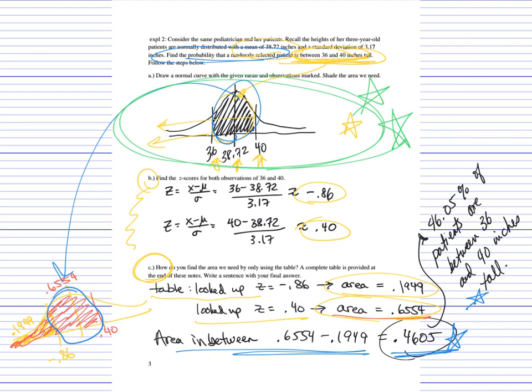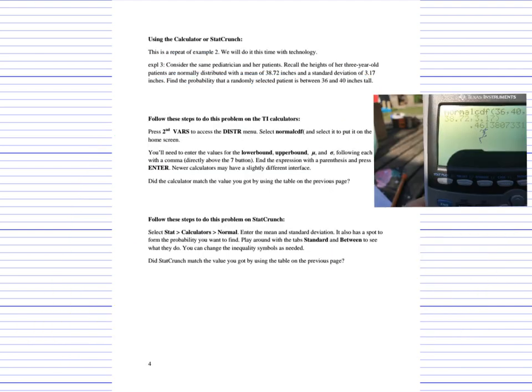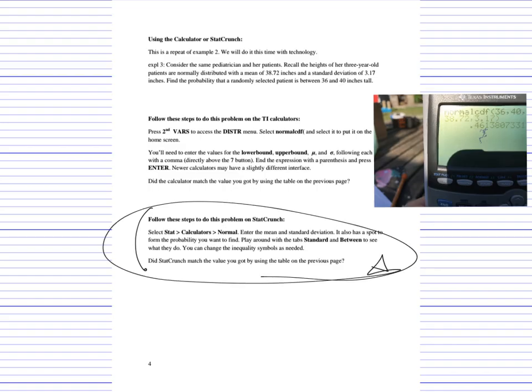It sure helps, guys. Okay, here we are doing StatCrunch and TI calculators. Unfortunately, I'm sorry, I cannot do StatCrunch. There's something weird with the browser in the software I'm using here. But I highly suggest you go and play with that on your own.